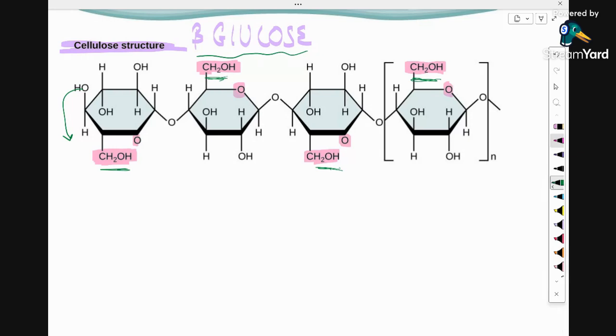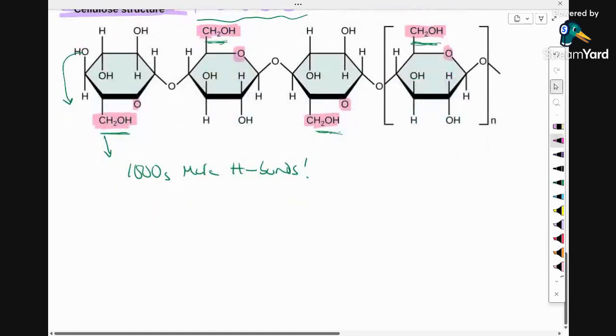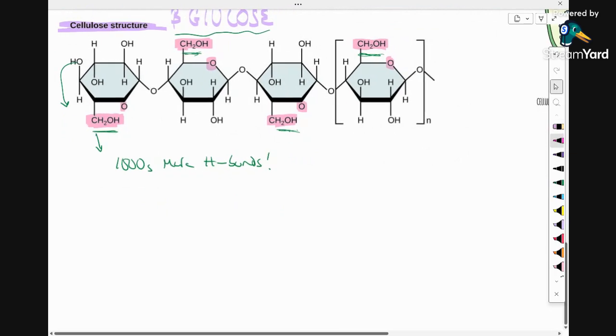The importance of this is we can have thousands more hydrogen bonds that form. So no, it doesn't actually coil like in amylose. What happens is we have a linear chain. It can't coil very easily. What it can do is form intermolecular hydrogen bonds, between molecules.